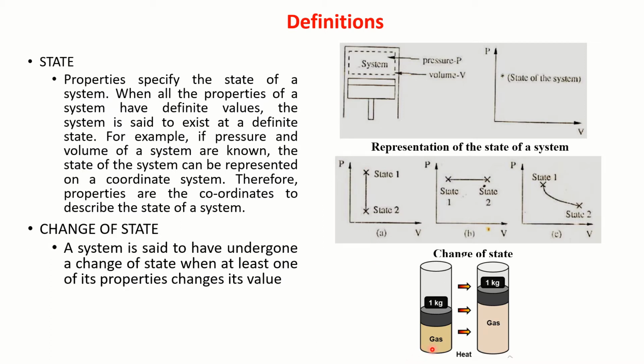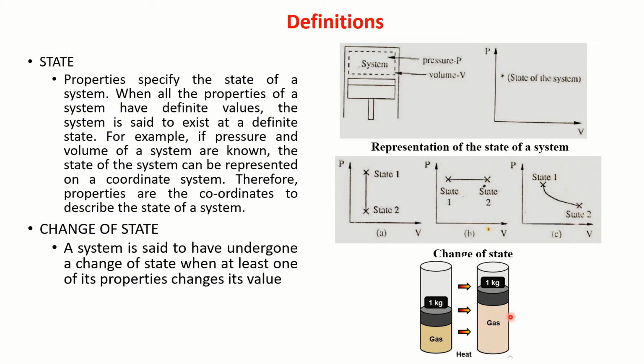For example, you look at this here. There is gas over here. I know its pressure, I know its volume. Let's say I move this up. Now what is happening here, the volume changes. Say pressure also changes.